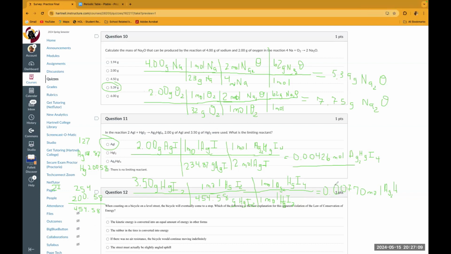So the one that gets used up more is the limiting reactant. That's right. Because you're gonna run out of it first, right? Yeah, I'm just trying to wrap my head around that. So you always have to think of it, the thing that you're gonna run out of first is gonna be limiting, right? Because after you don't have any more of it, can you make any more? No. You have to go to the store and buy some more.